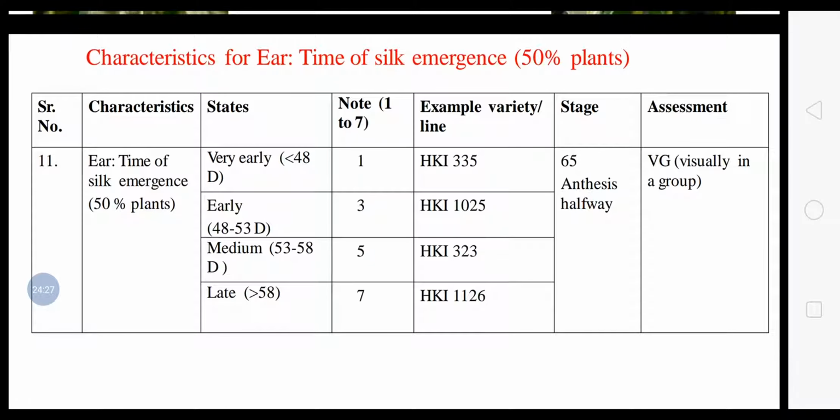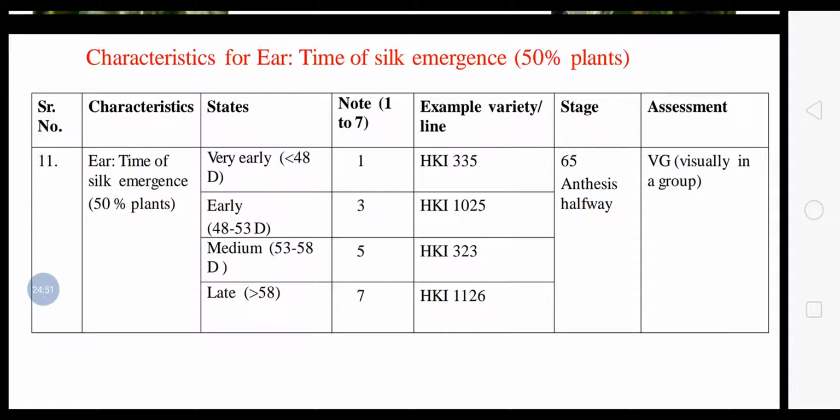The 11th characteristic is time of silk emergence, that is days to 50% silking. Again, it is characterized into 4 groups. Very early means less than 48 days, early 48 to 53 days, medium 53 to 58 days, and late more than 58 days.